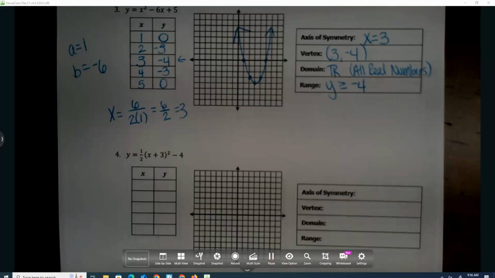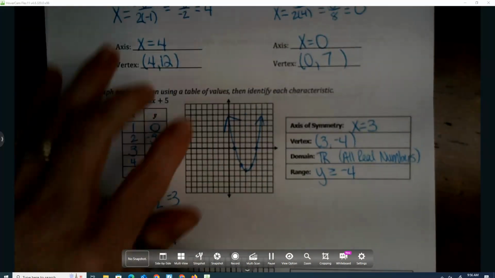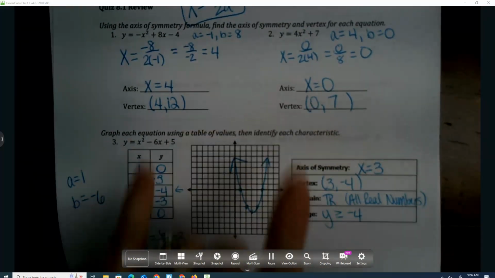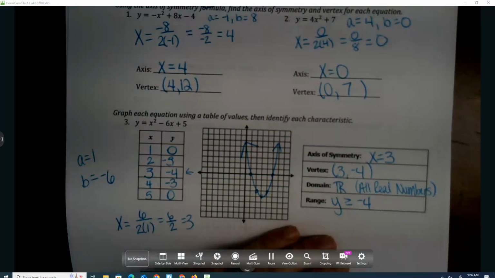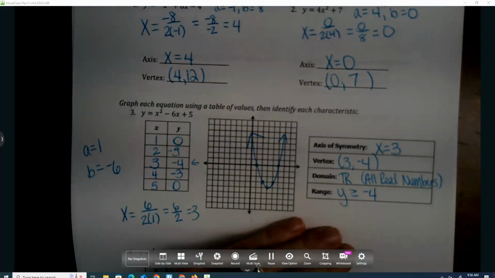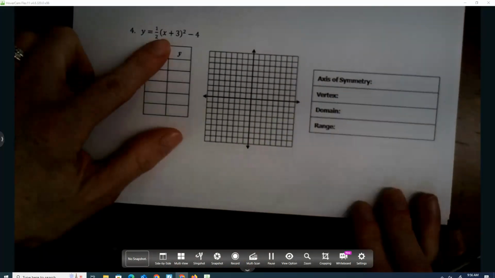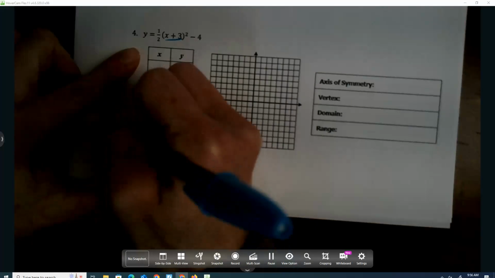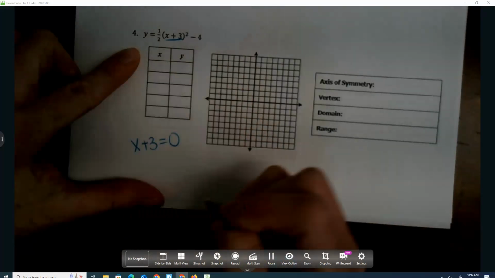Then, on your quiz, you will have a couple where you're just doing the vertex and axis of symmetry, and one where you're graphing using all that. The opposite of b over 2a gives you your information. Then we talked about transformations. So I'm going to give you one of those and ask you to graph it. Remember, to find the x on those, you just take that parenthesis and set it equal to 0.